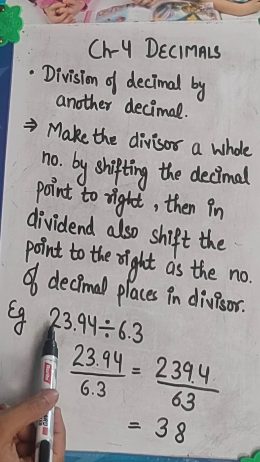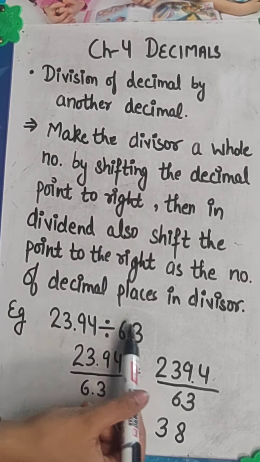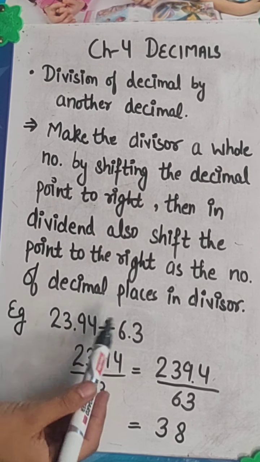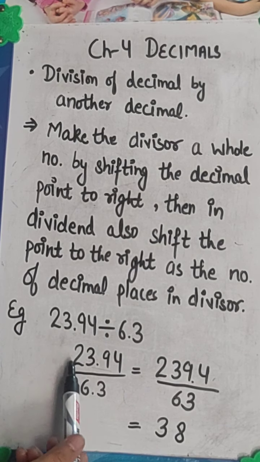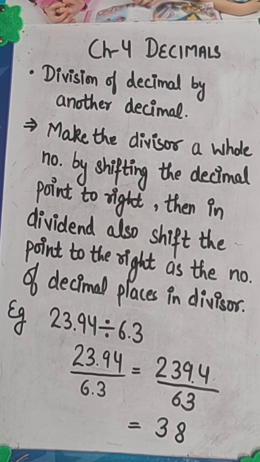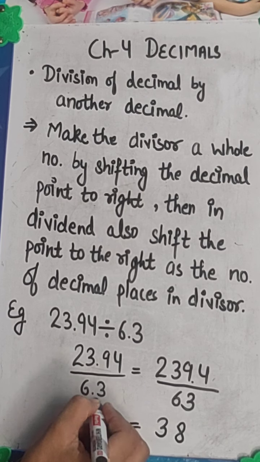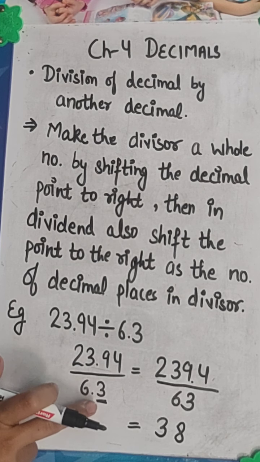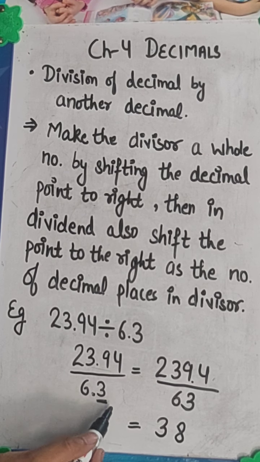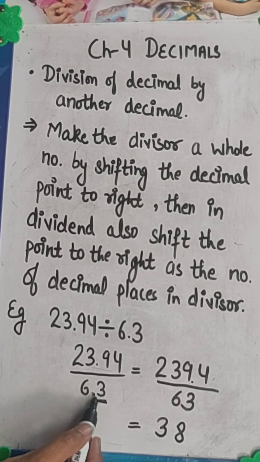Supposedly I have to divide 23.94 by 6.3. I can write it like this: 23.94 divided by 6.3. In this case, we have only one digit, 3, after the decimal in the divisor.